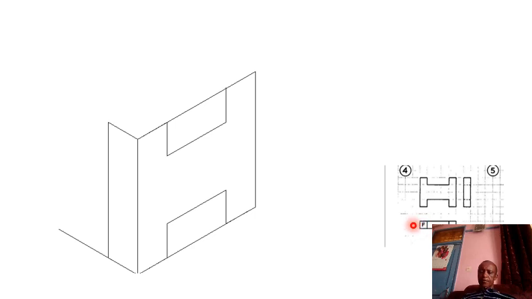this plan, and the plan shows the top here. You can see that there's a small rectangle here which is indicated F, and that rectangle will be right here. Then there's another rectangle at the end.